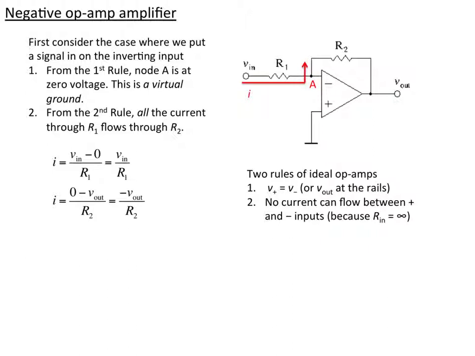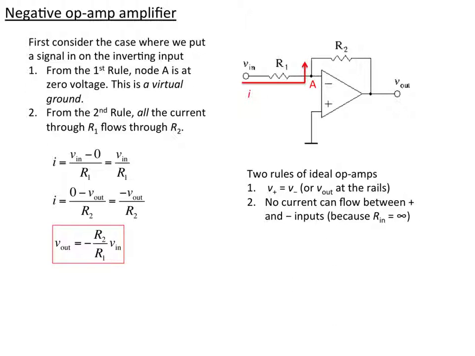In this case, the current is flowing in this direction, so we take 0 minus V out as our voltage drop, and then that's over R2. So we get rid of the 0, and we have minus V out over R2. Now setting the two currents equal to each other and doing a little bit of rearranging, we find that V out is minus R2 over R1 times V in.